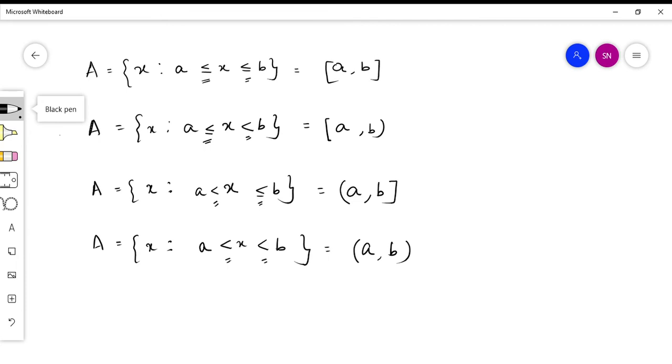So now, further going on with the same interval concept, onto writing on the real number line. Whenever I draw a real number line, I have the two values. This is my A, this is my B. Whenever I include any value, I will always darken the figure.